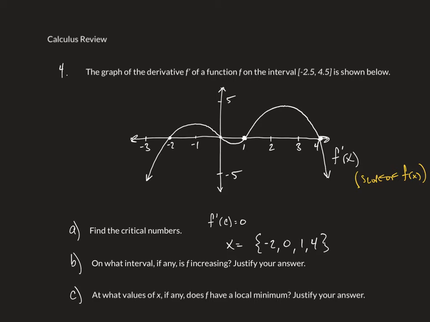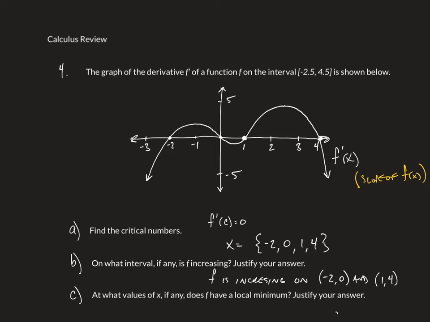So the question really is, where is the slope of this function positive? We've got a positive slope from -2 to 0, and we've also got a positive slope from 1 to 4. So f is increasing on -2 to 0, and also from 1 to 4.